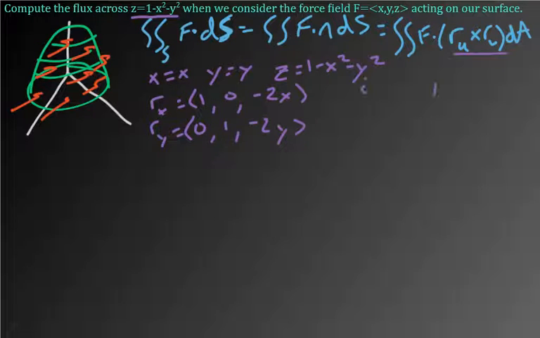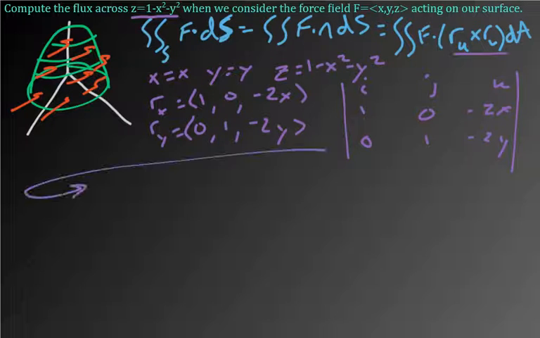Then I'm going to do my cross product of those things. So I've got i, j, k, 1, 0, negative 2x, 0, 1, negative 2y, and you just find this determinant. If you do that out, you get 0 minus a minus 2x, so you get 2x.